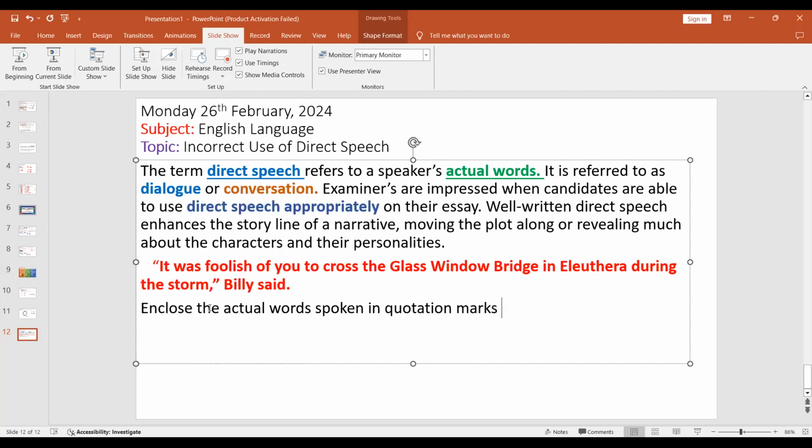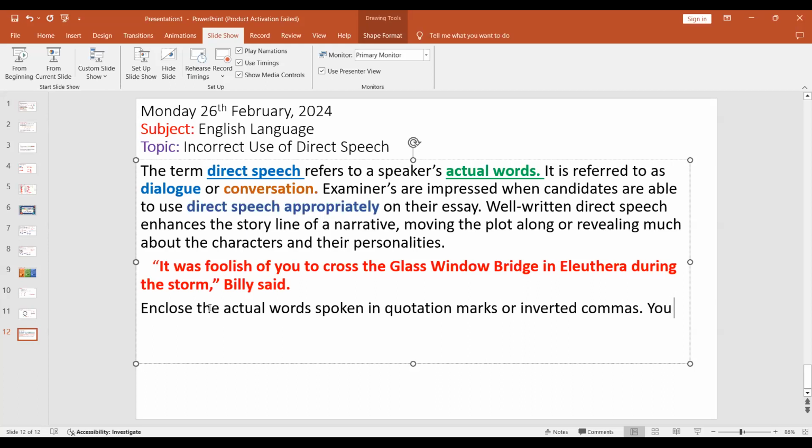So whenever you're writing a direct speech or dialogue or conversation or quotation, you need to make sure that you have it in quotation marks or inverted commas.